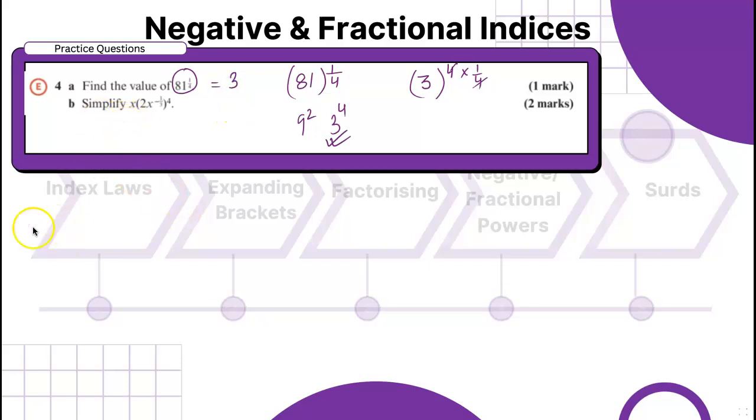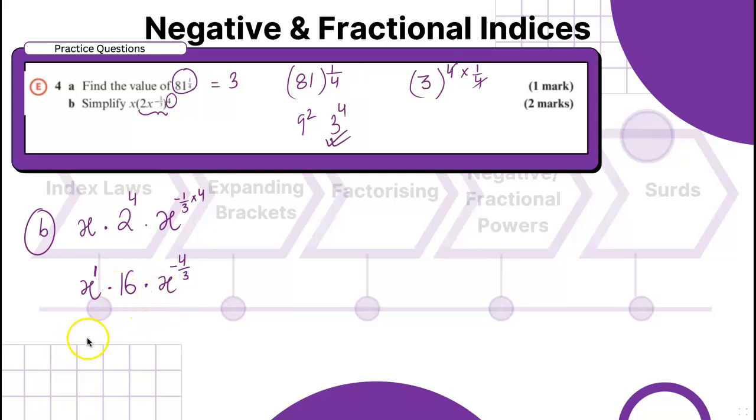Now B part. For B part, you have x times the whole bracket that has the power 4. So you're going to be writing 2 to the power 4 times x to the power minus 1/3 times 4. X to the power 1 times 2 to the power 4 is nothing but 16. Don't make a mistake like a child yesterday writing it as 8. Here x to the power of minus 4/3.